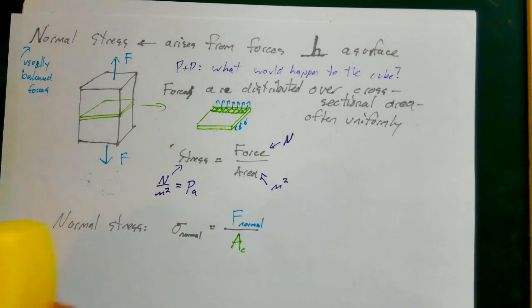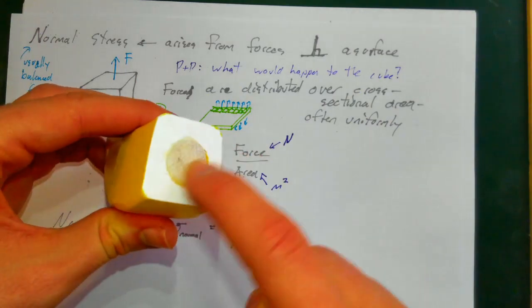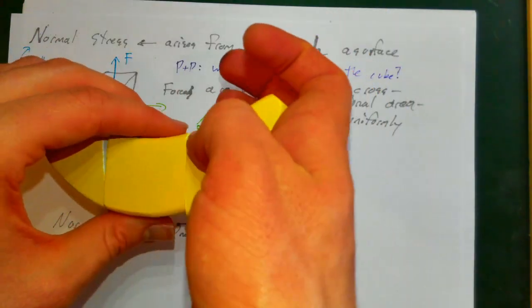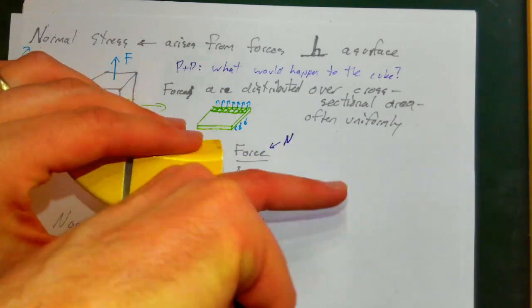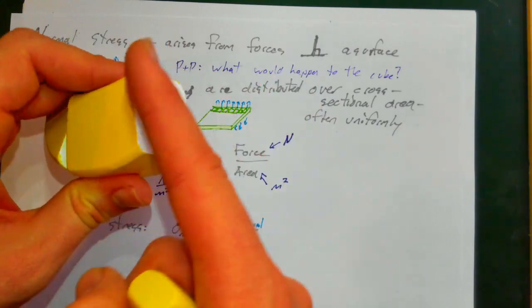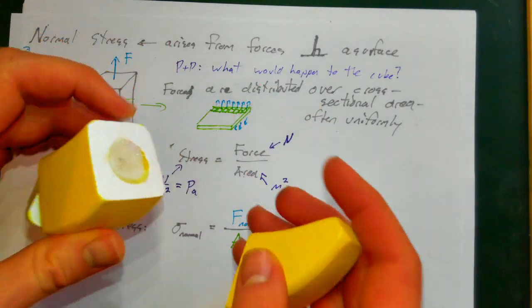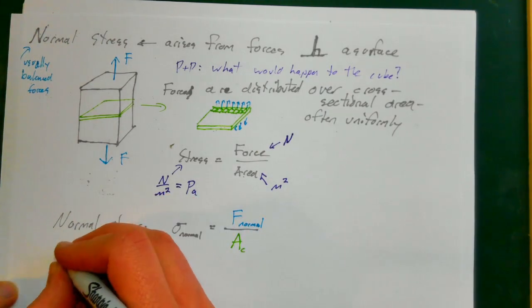If I take the banana and apply some stress to it, I'm talking about the cross-sectional area if I were to slice that banana perpendicular to the force that I'm applying. So there's a normal force like this. The cross-sectional area that I'm considering is the area of this white face right here. We call it engineering stress.